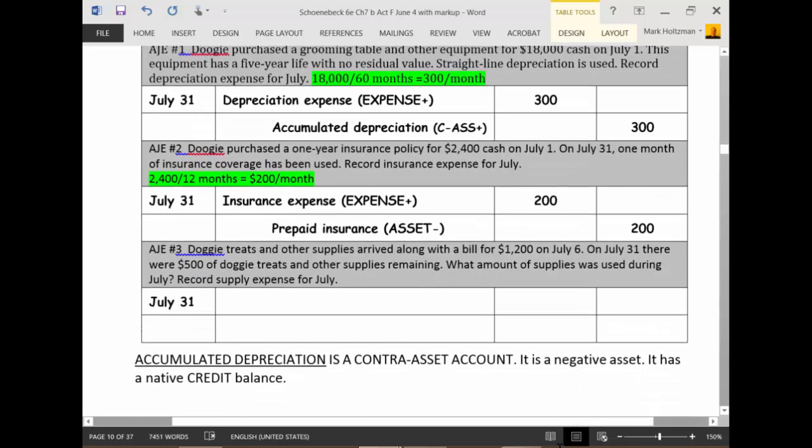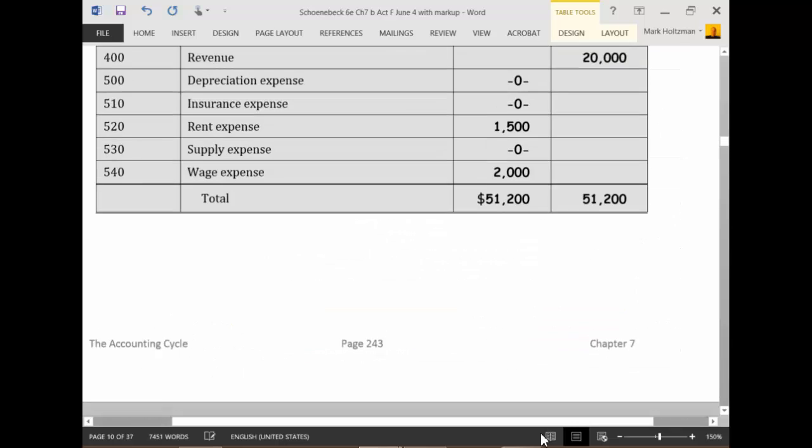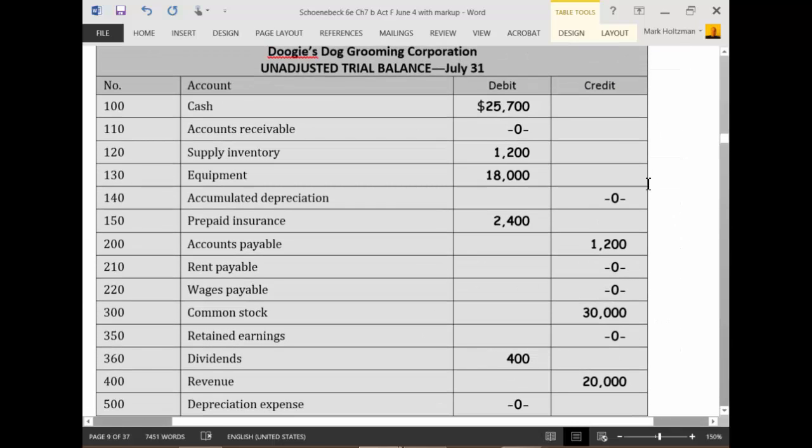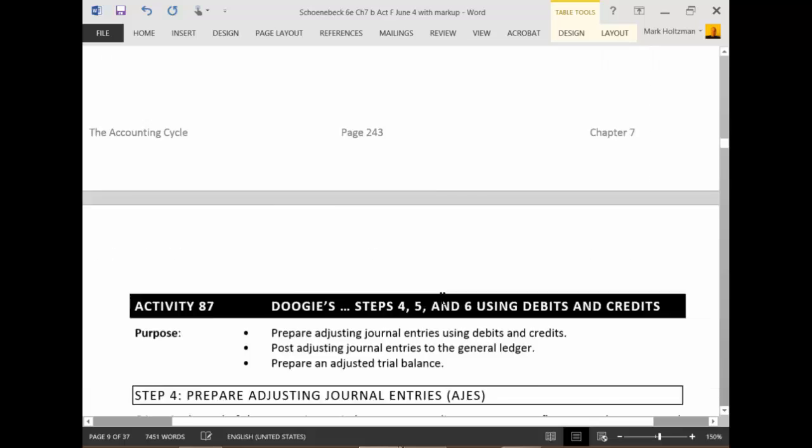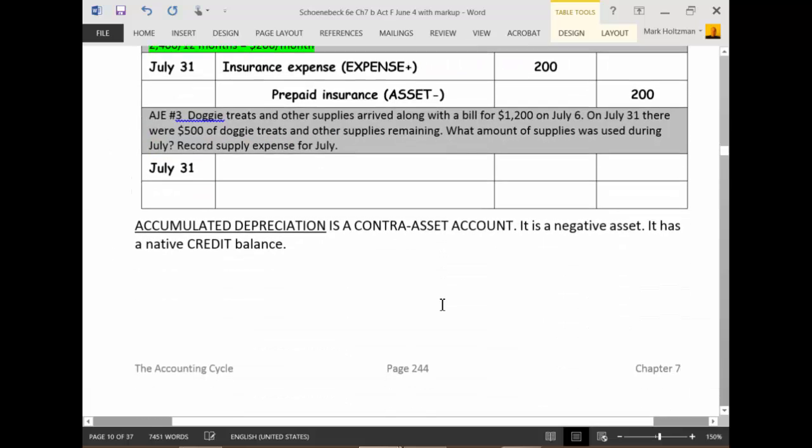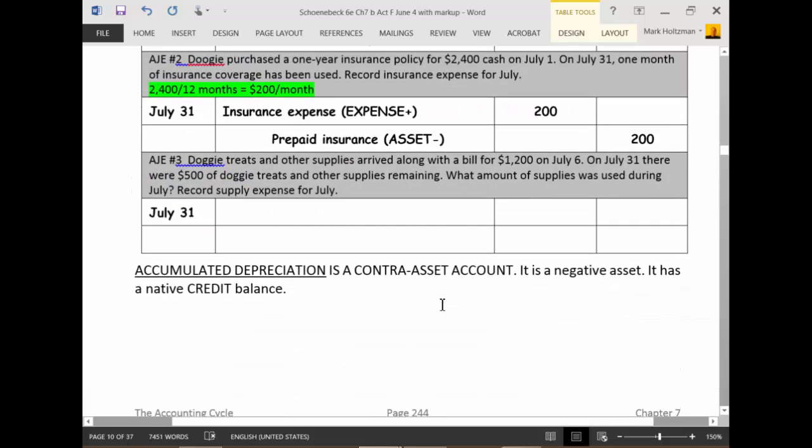Next is supply inventory. Right now, I have $1,200 in my supplies account. Well, I went and looked in the closet to see how much supplies are there. It's only $500 worth of doggy treats remaining.